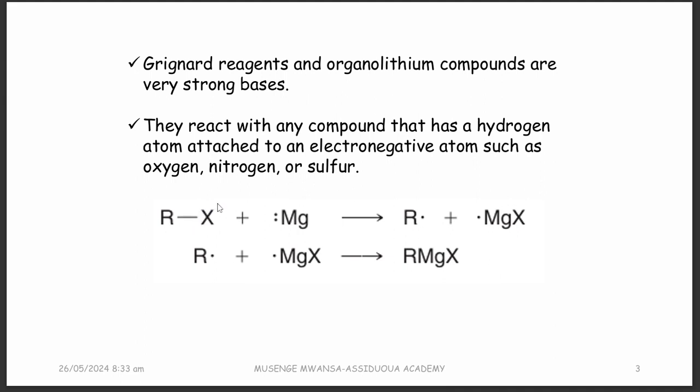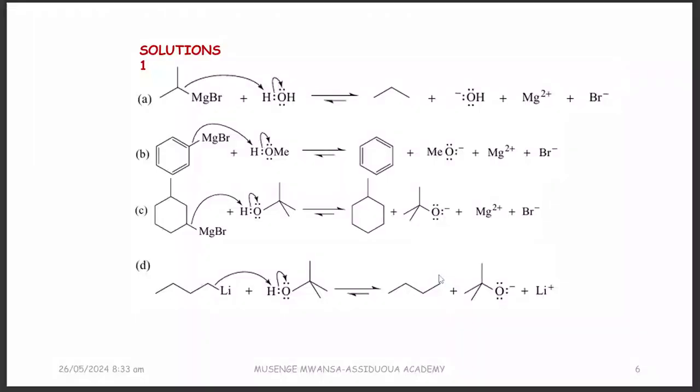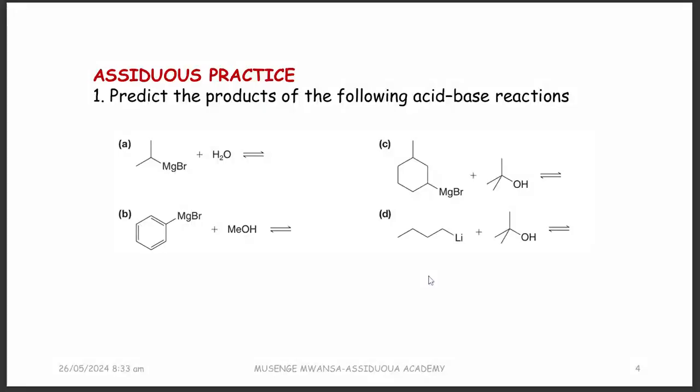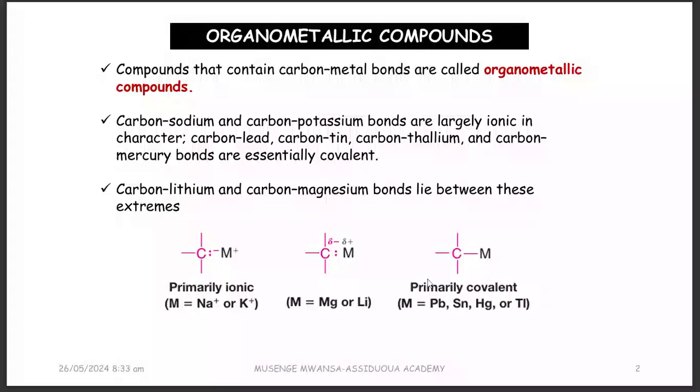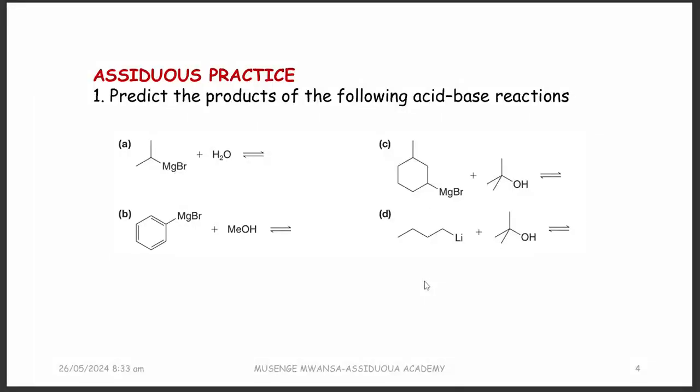Instead, the metal is grabbed by the magnesium. The R group remains alone, so we form the organometallic compound. You now form a compound like this, and that's known as the Grignard reagent.